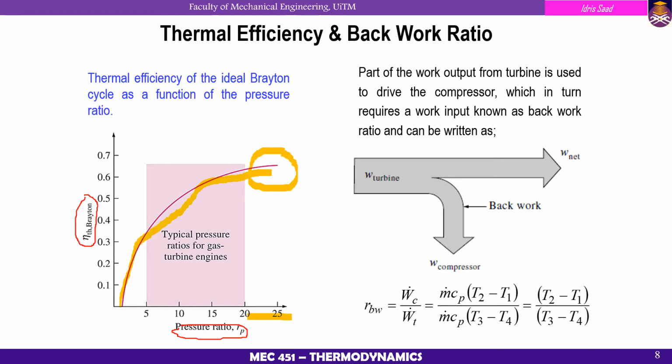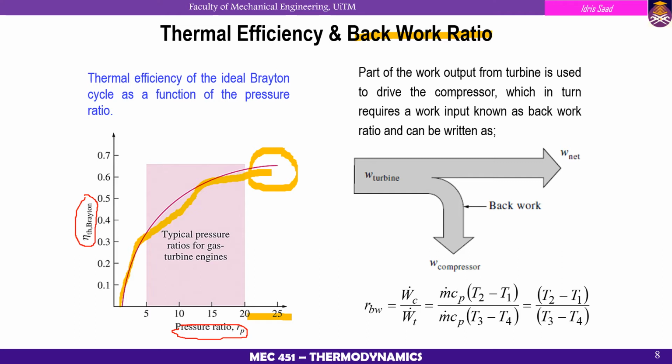Okay, the next parameter that we need to consider in the analysis of the Brayton cycle is what we call the back work ratio. As I explained earlier, the compressor and the turbine are attached to the same shaft. So the power output is produced at the turbine.